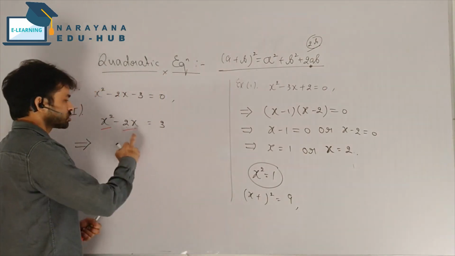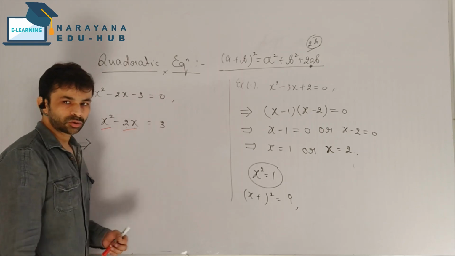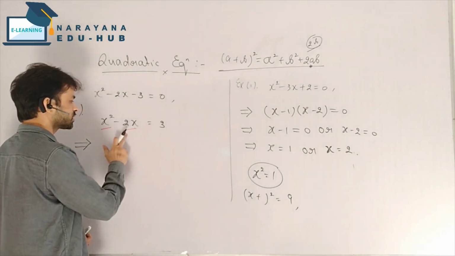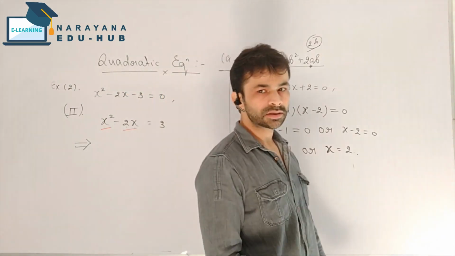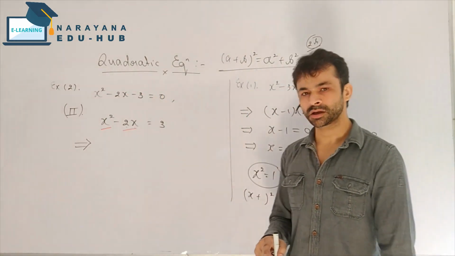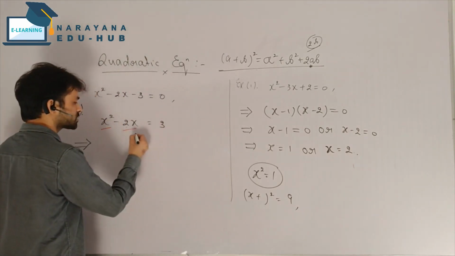The coefficient of x is minus 2. If I divide by 2, I will get to know what b is, so that becomes minus 1. That means the value of b is minus 1, and the square of that will be 1, so we'll add plus 1.